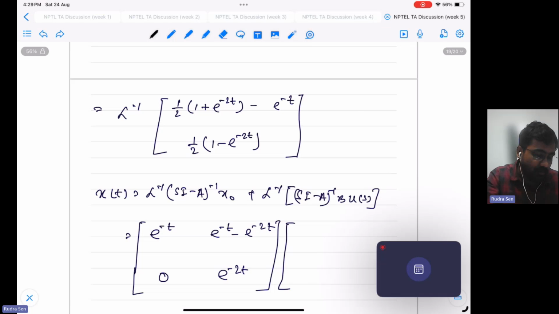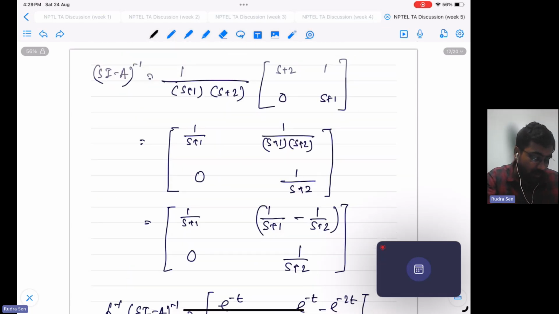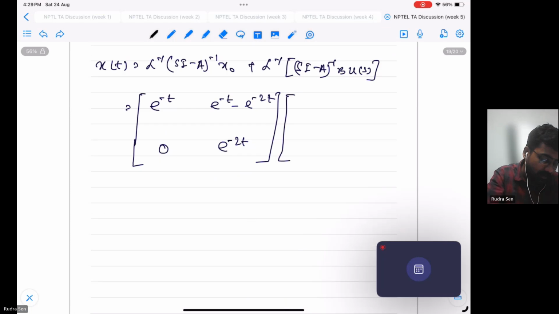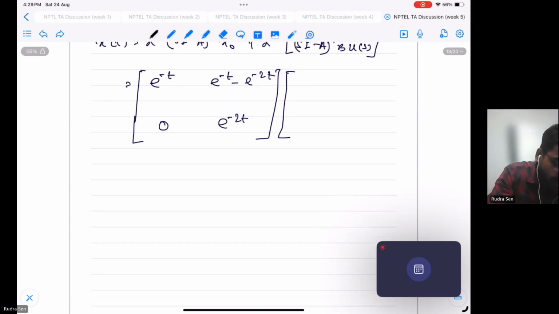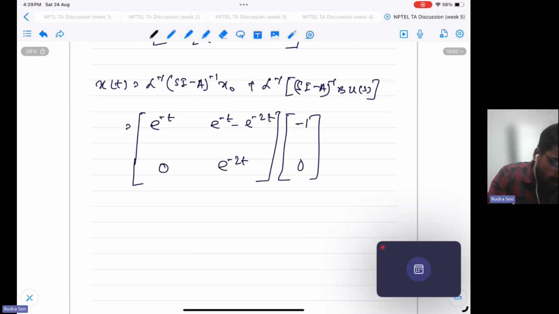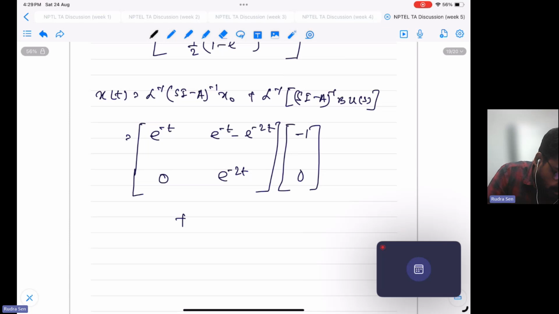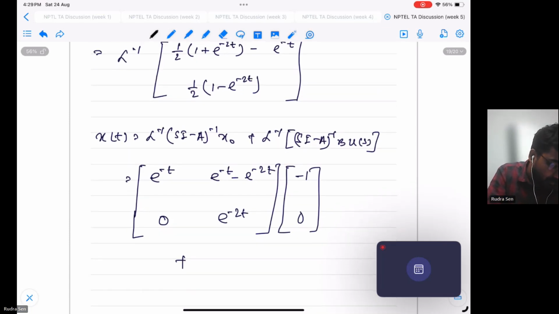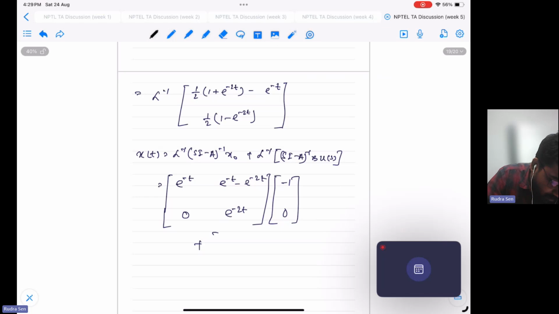What x0 do we get? We were given minus 1 and 0. So this is minus 1 and 0. And what value over here? This term is half 1 plus e to the power minus 2t minus e to the power minus t, and half 1 minus e to the power minus 2t.